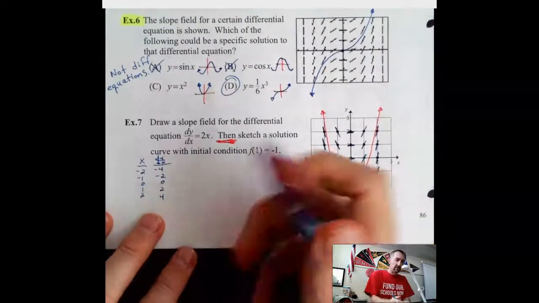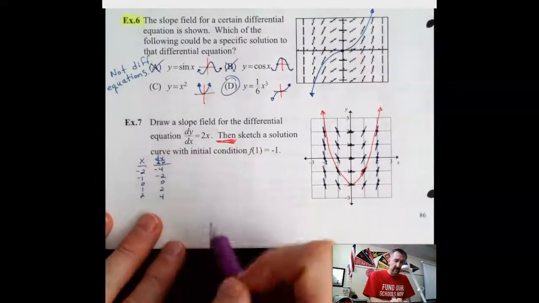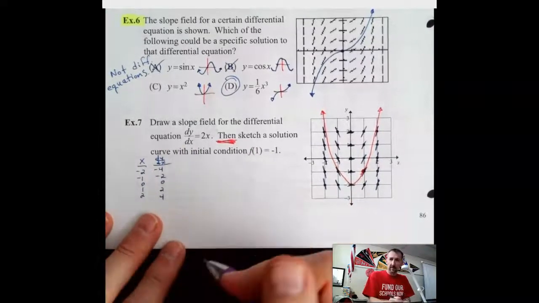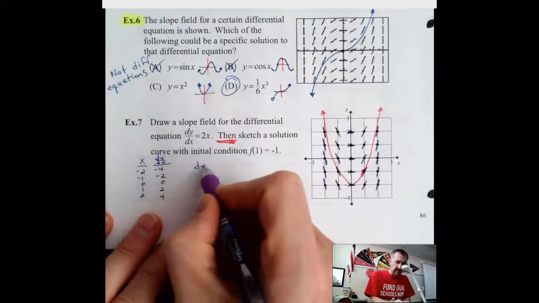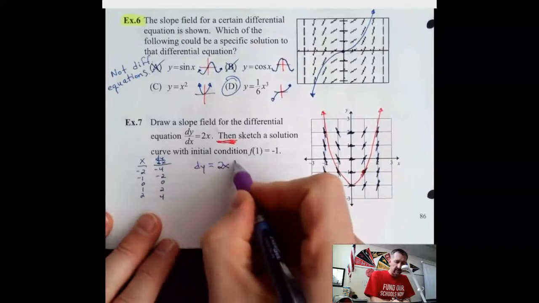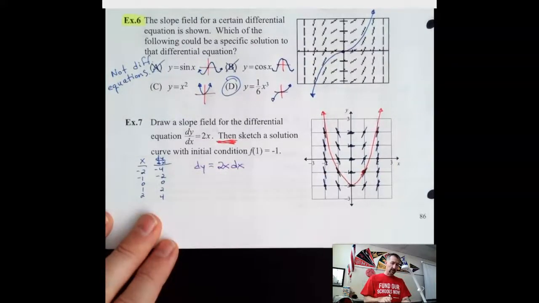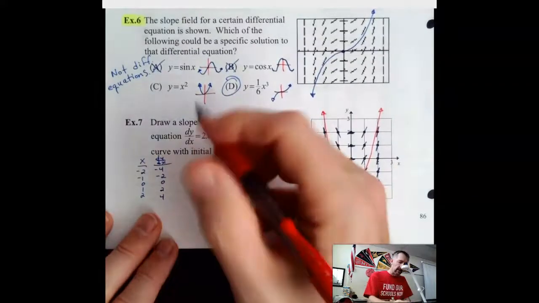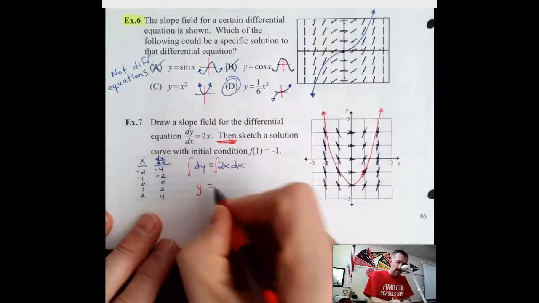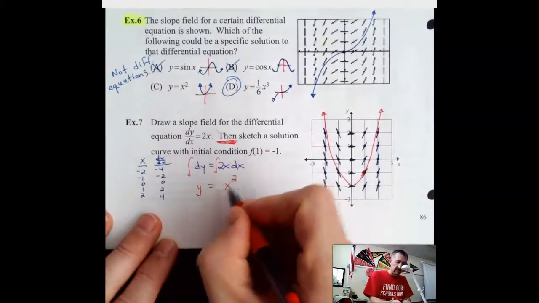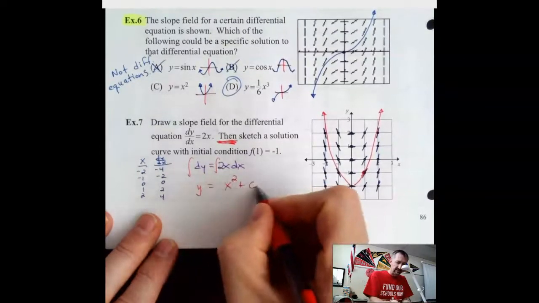So now pause it and do the separate, integrate, evaluate. Okay, so separate, you just multiply both sides by dx. So that's pretty simple. Okay, and then integrate. That's just going to be y, add 1 to the exponent, divide by the new exponent, plus c.